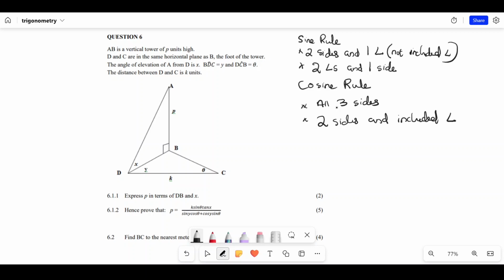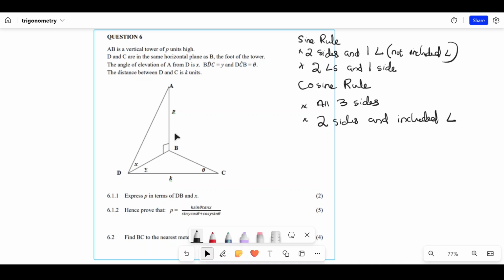Okay, 6.1.1, express P in terms of dB and X. So you can see that P is in the top triangle ABD. So in triangle ABD, we want P in terms of dB, this side. According to the angle X, this is the opposite side and this is the adjacent side.